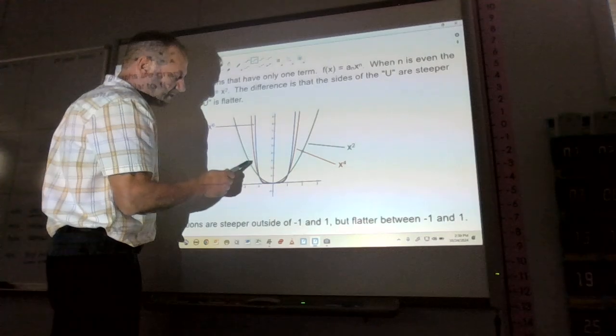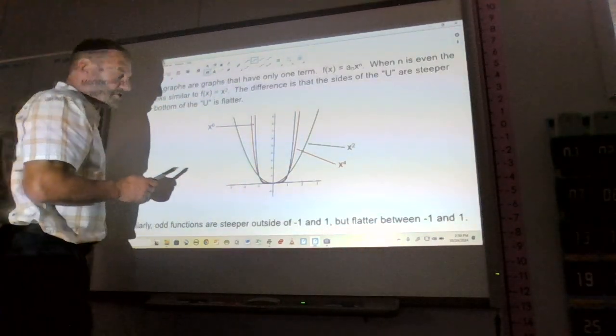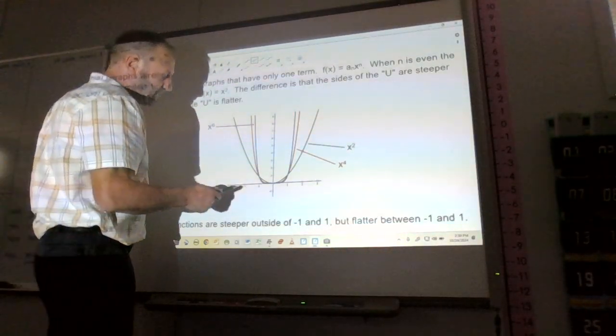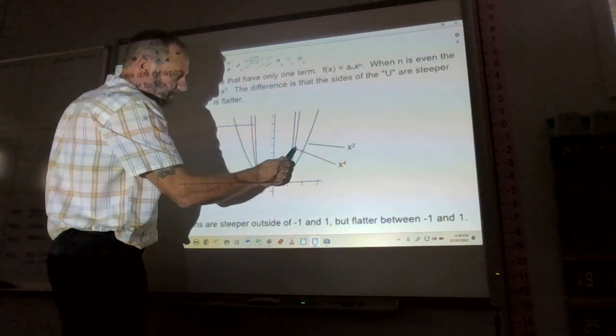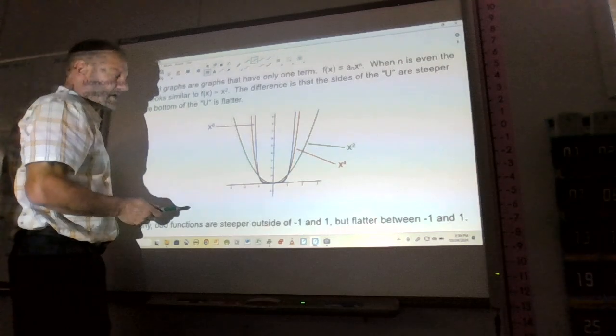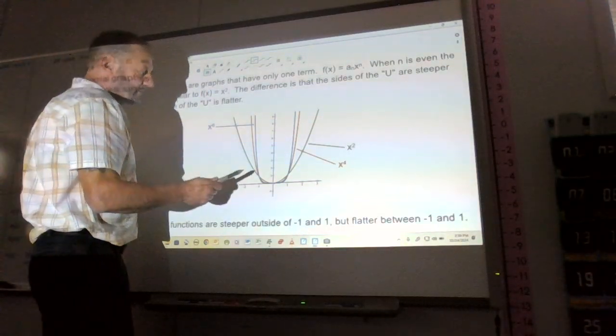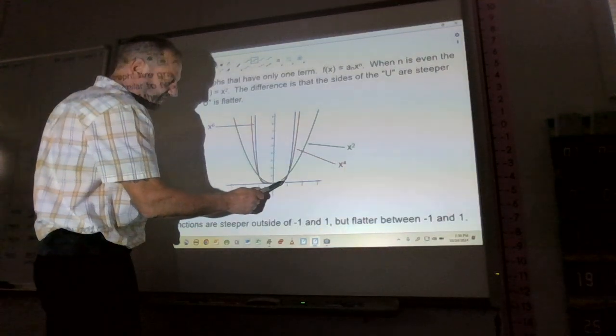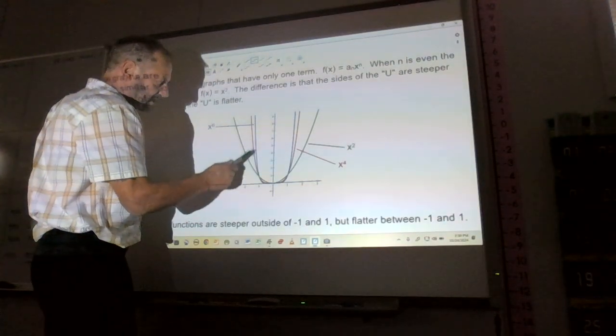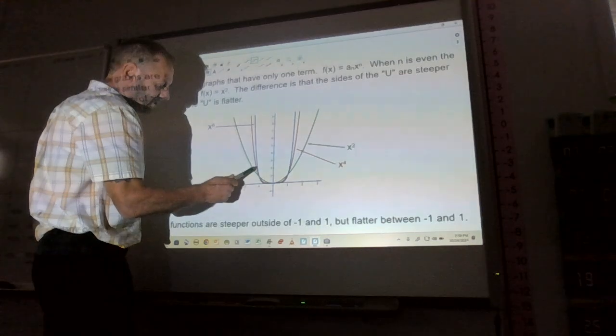It's smooth and continuous. It's a U-shape, but look at the difference. Outside of -1 and +1, it's steeper than the green one, but between -1 and +1, it's flatter. And then you go to x to the sixth, that's the blue one.